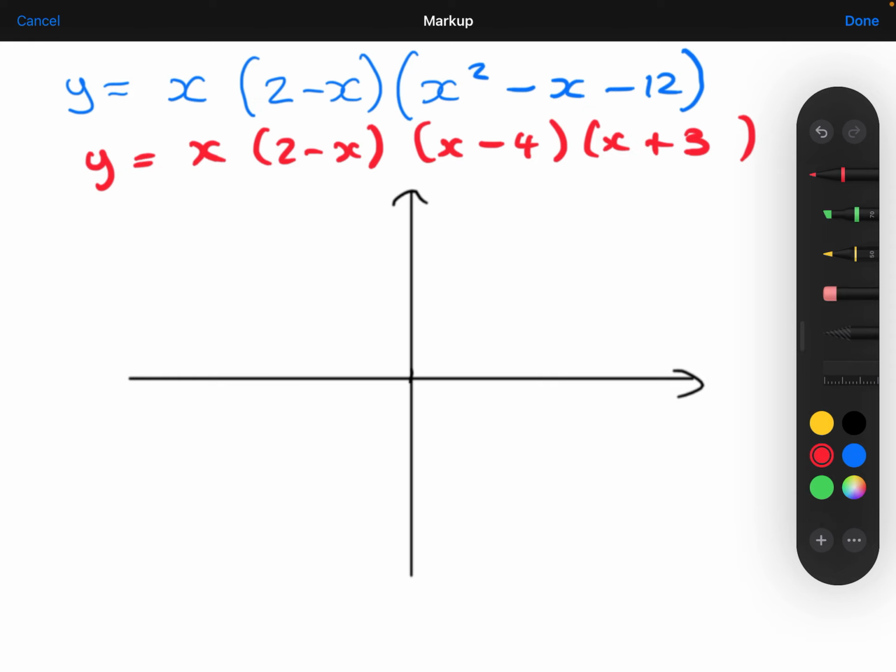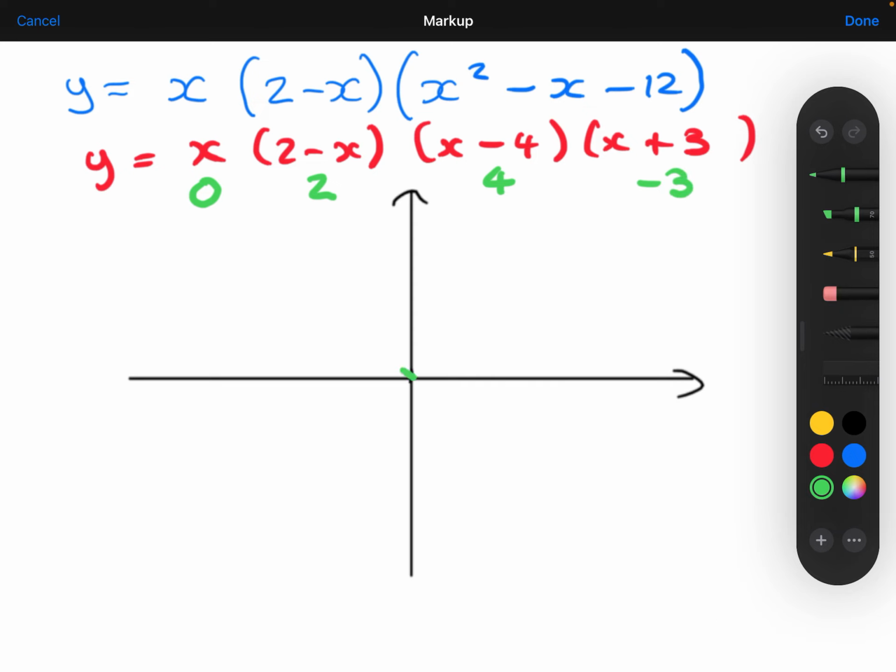Right, looking at this carefully to find the roots then, I've got 0 from the x at the front, 2 from this factor here, 4 from this factor here, and -3 from that factor there.